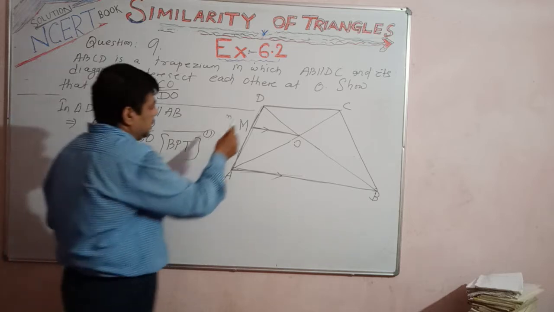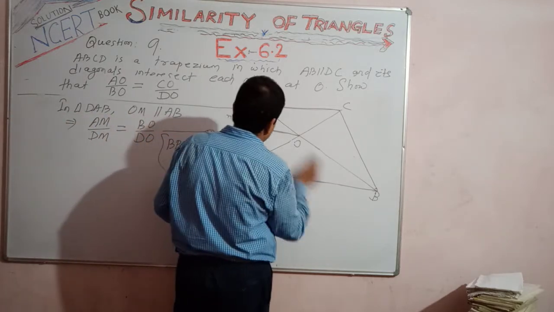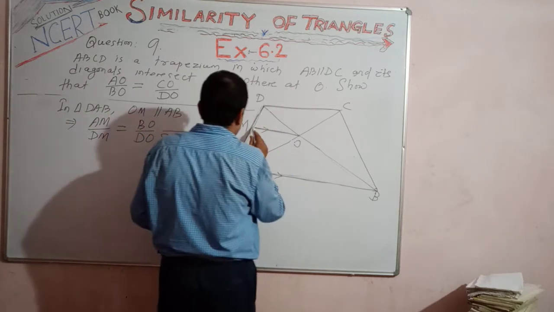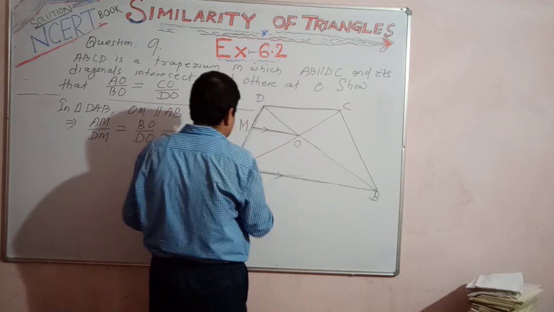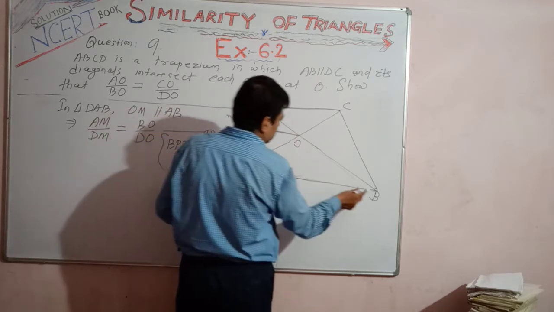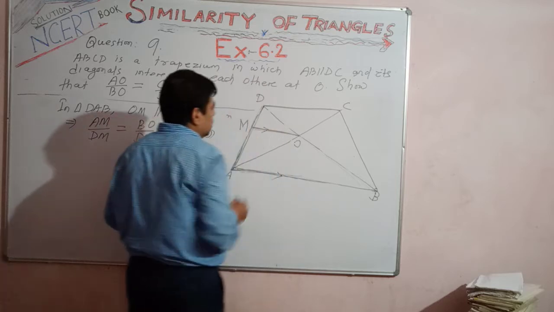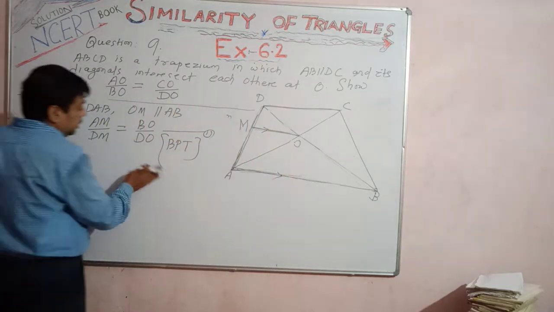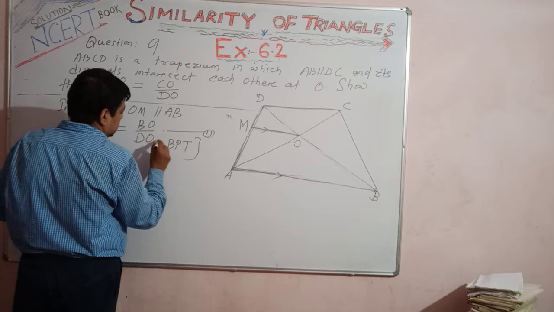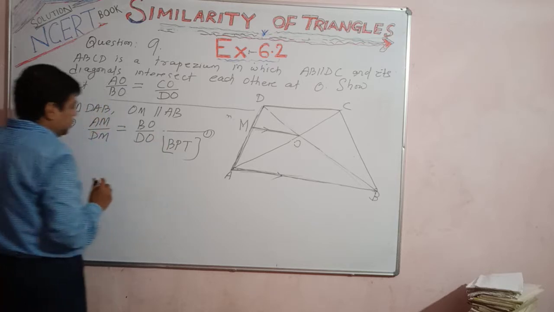In the triangle DAB, MO is parallel to AB, so AM by DM is equal to BO upon DO. If a line runs parallel to one side of a triangle, it intersects the other two sides in the same ratio. This is the BPT theorem.